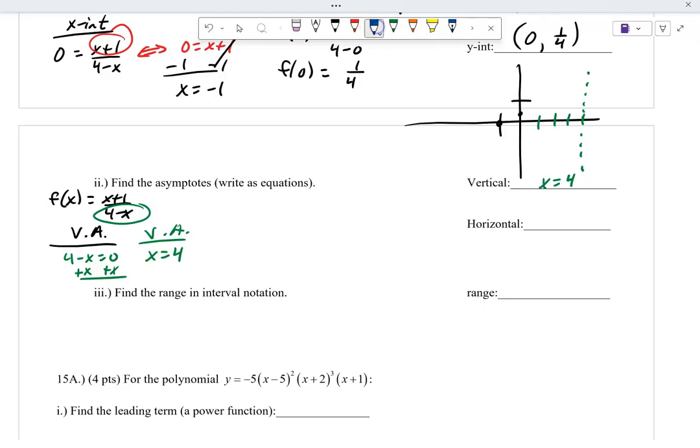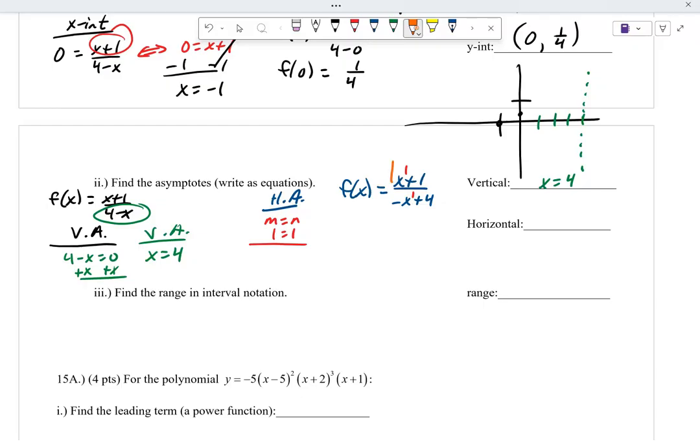Now for our horizontal asymptote, I'm looking at this rational function, x plus 1 over 4 minus x. Now notice it's 4 minus x instead of negative x plus 4, right? I want to write that in standard form on the bottom there. And that's because I want to look at the degree of the top. The degree of the top is 1. The degree of the bottom is 1. If you remember those rules, when the degree of the top equals the degree of the bottom, then we take the leading coefficients.